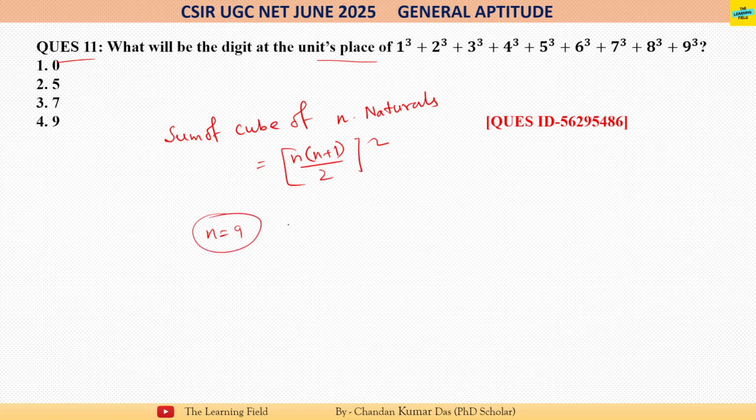Total 9 natural numbers are given here. So the total sum is equal to 9 into 10 by 2 whole square. So this is equal to 45 into 45, and 5 fives are 5. The unit place is 5. That means the answer is 5.